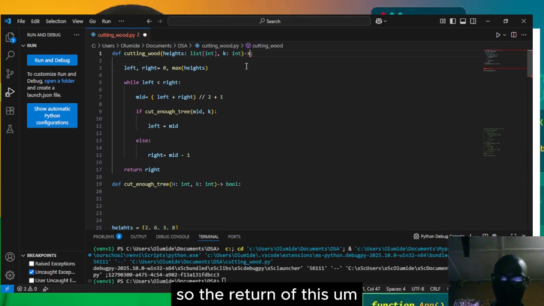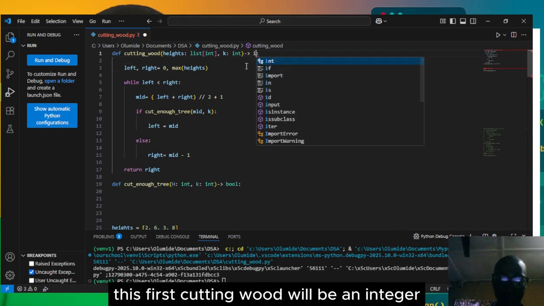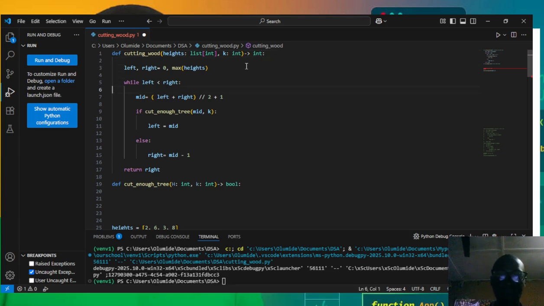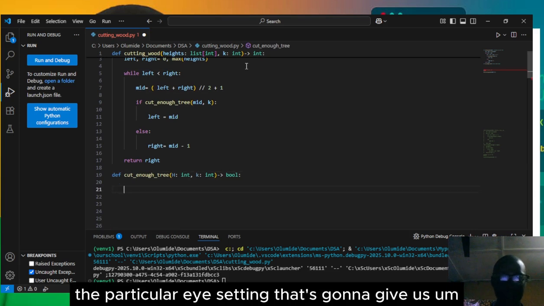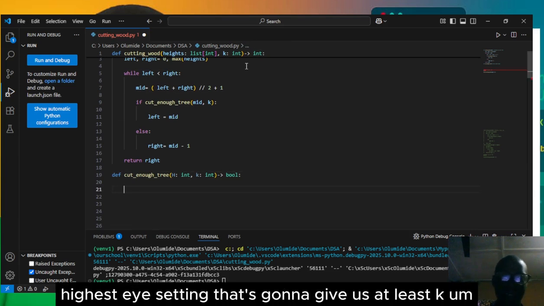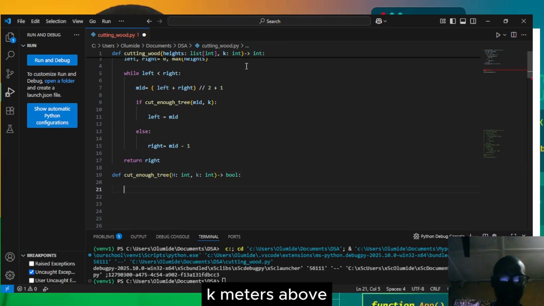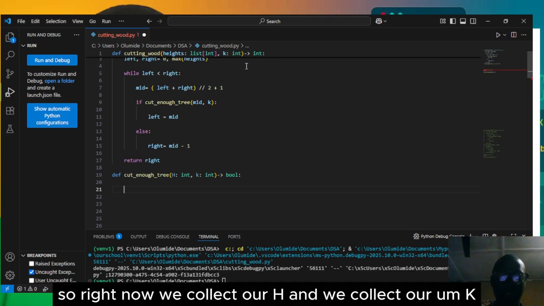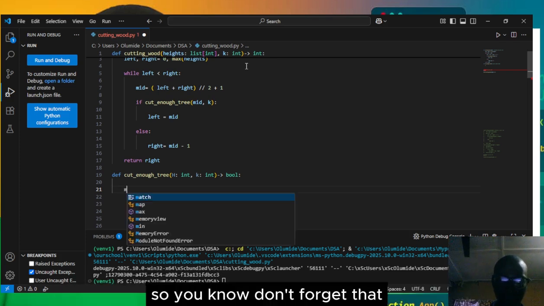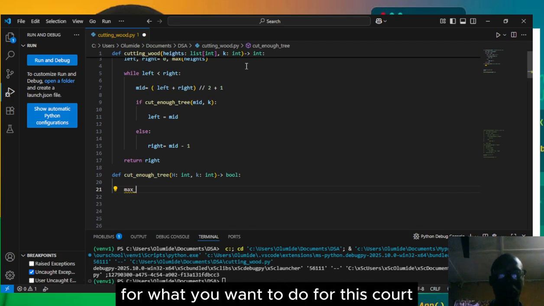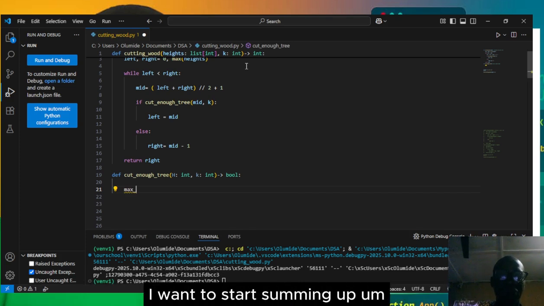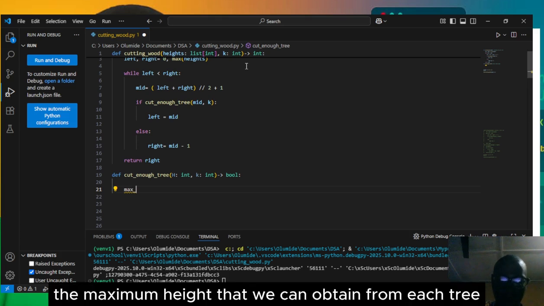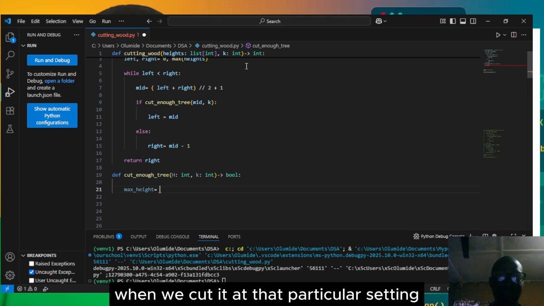The return of this first function, cutting wood, will be an integer, which is going to tell us the particular height setting, the highest height setting, that is going to give us at least k meters of wood. So right now we collect our h and we collect our k. Don't forget that for this cut enough tree function, we are going to iterate through each tree and start summing up the wood that we can obtain from each tree when we cut it at that particular setting.